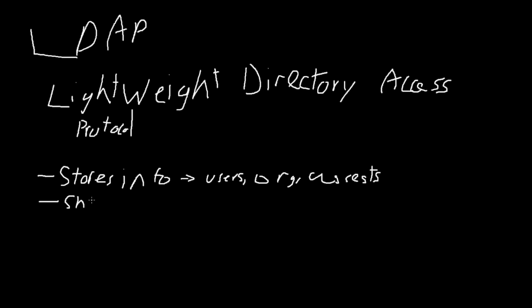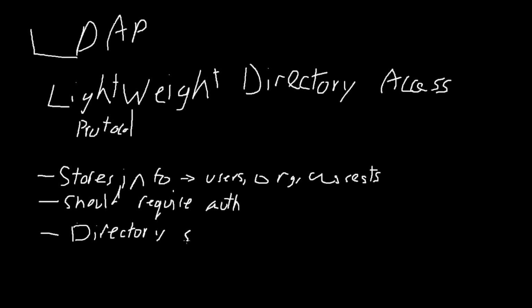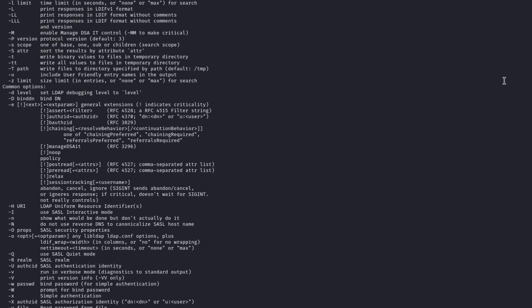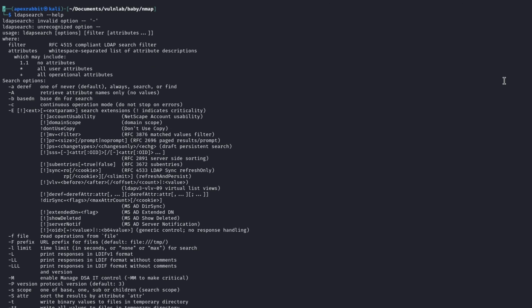That's very important since you don't want any user to view information in there. But it's a really useful tool for system administrators, and it's often used as a directory service protocol. So we're going to use ldapsearch to query the LDAP protocol being run on the target machine.